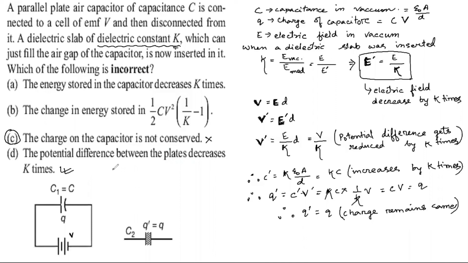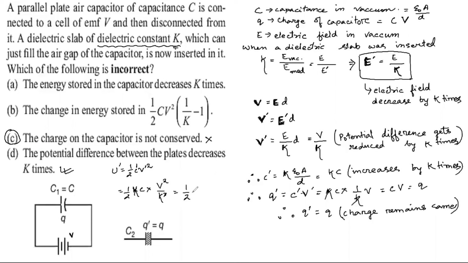Now the energy stored is nothing but half CV square. We are going to find it in the dielectric case, that is why we put the dash term. So when we use C dash, which is KC, multiplied by V dash, which is V square by K square, this K and this K get cancelled.